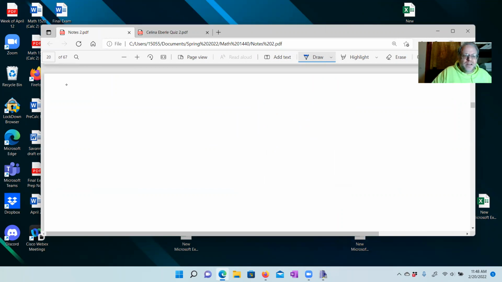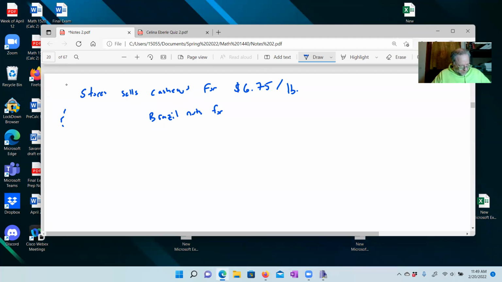This store sells cashews for $6.75 per pound, and Brazil nuts for $5 a pound. These are all in USD.